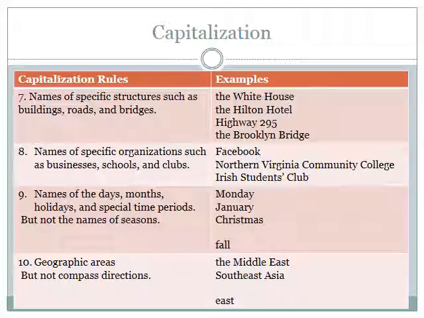Southeast Asia. Okay, this is a part of Asia, so we say it's a geographic area. So we capitalize these things, but we don't capitalize just the compass directions. So just east or west or southeast or southwest, when those are by themselves, we don't capitalize them.